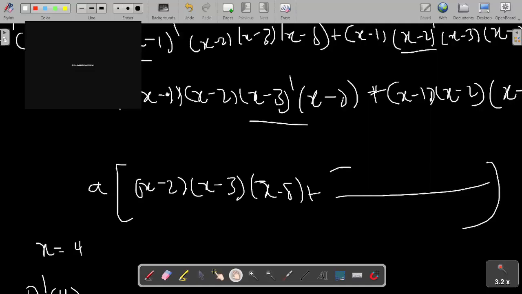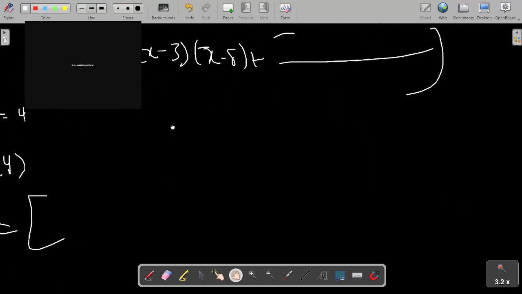Okay, so we found p dash of x. Let's put x is equal to 4 in this equation. So we know the value of p dash of 4. It is 0 on the left side, and we need to put 4 instead of x on the right side.